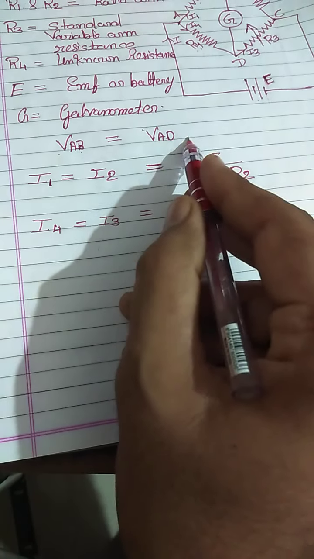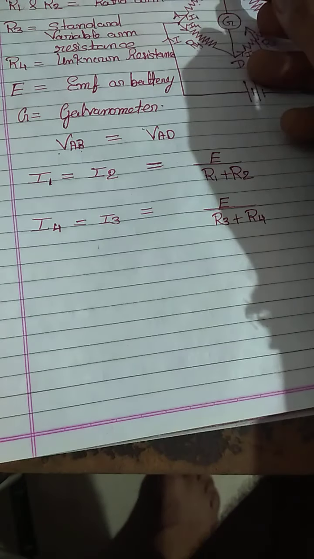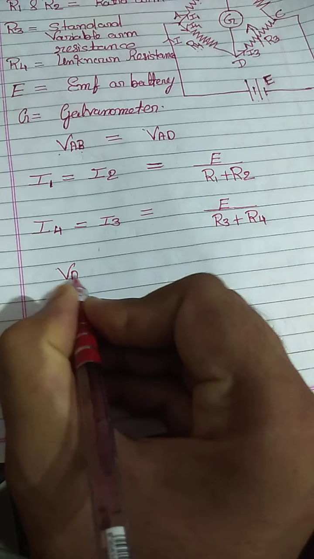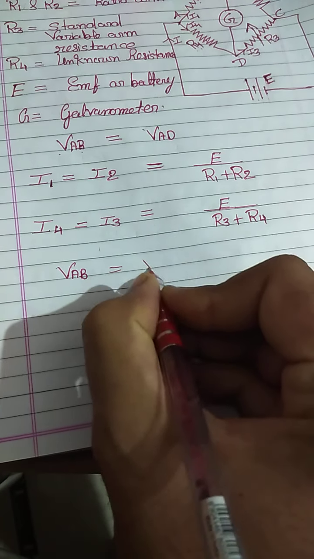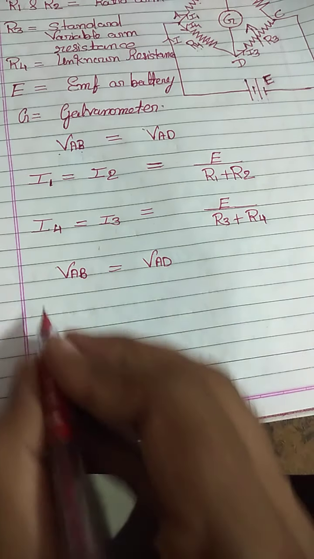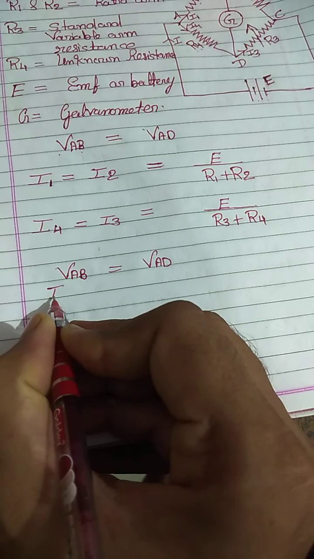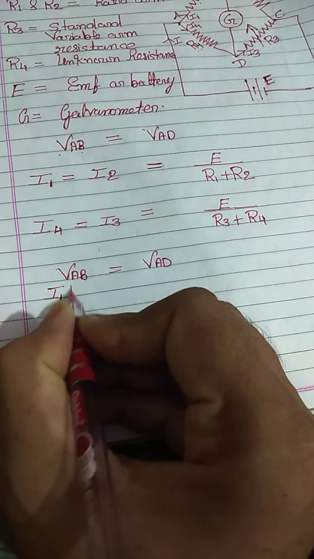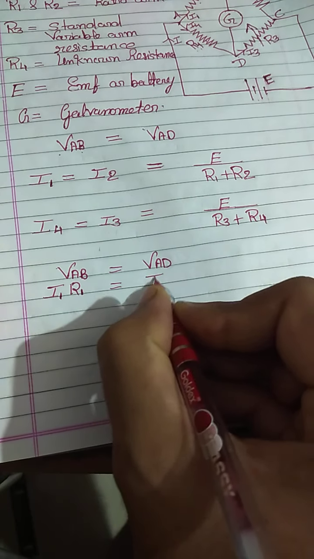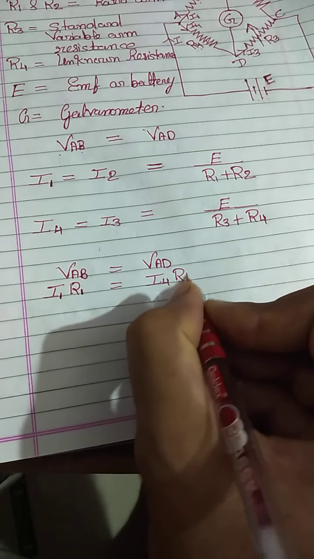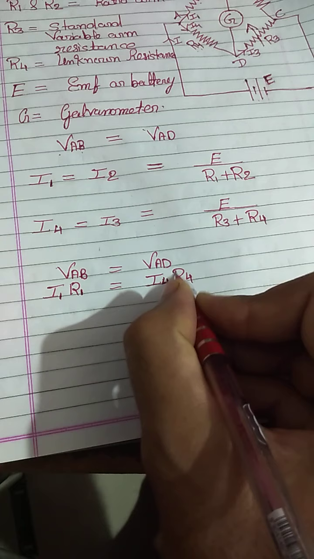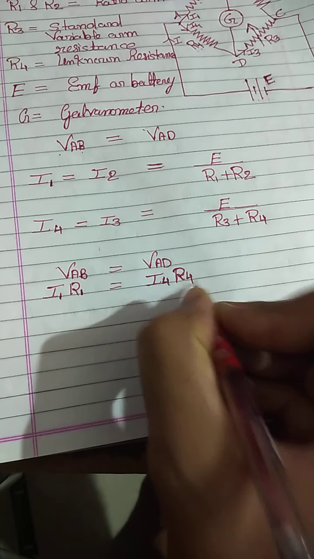VAB equals VAD, where VAB can be written as I1 into R1. So I1 into R1 equals I4 into R4.